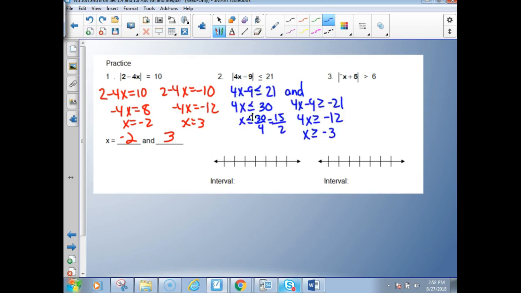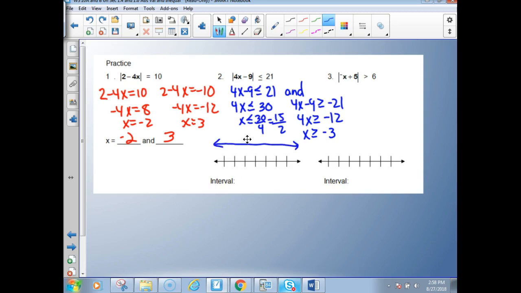You should have these 2 equations, and you should have gotten x is less than or equal to 15/2 and greater than or equal to -3. I don't think it fits very nicely on the number line, but 15/2 is 7.5.